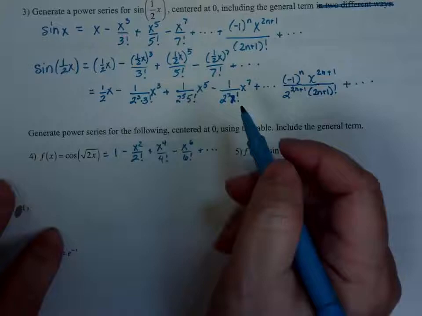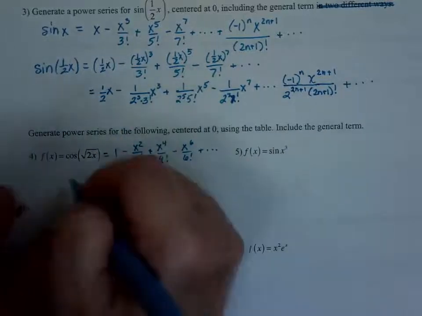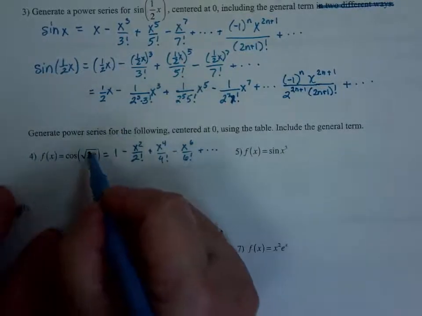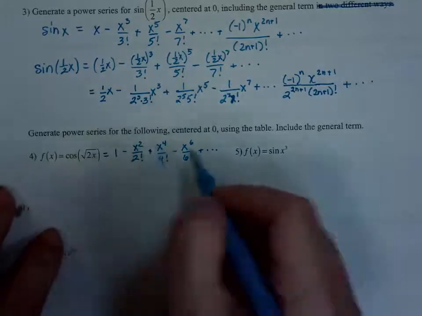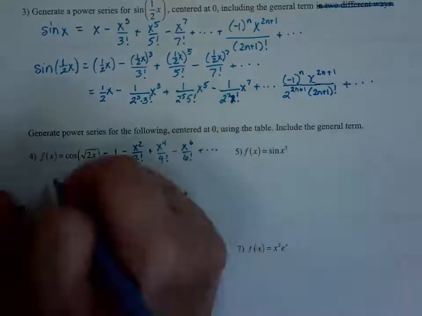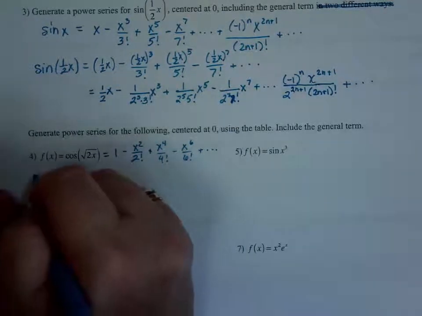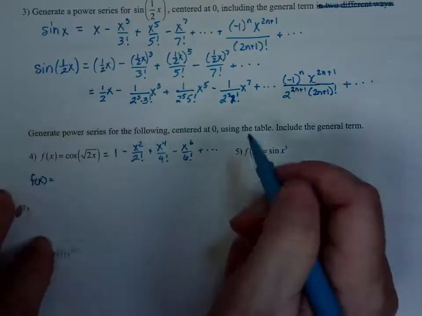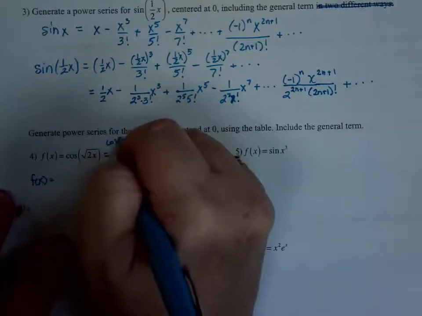So how is this going to look? Well, we're going to put the square root of 2x where all the x's are. So that's going to be f of x equals, this is cosine of x. I didn't make it clear that that's cosine.